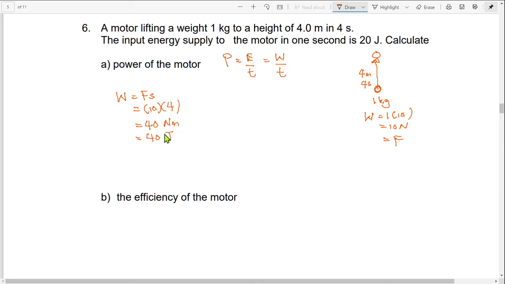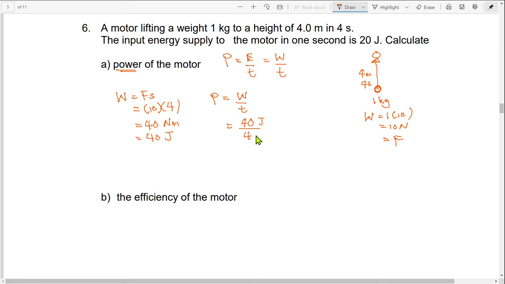Okay, but we haven't answered the question. The question asks for power. Okay, so power equals W over T. So by definition, power is the rate of doing work. Okay, so work done is 40 joule, divided by the time.